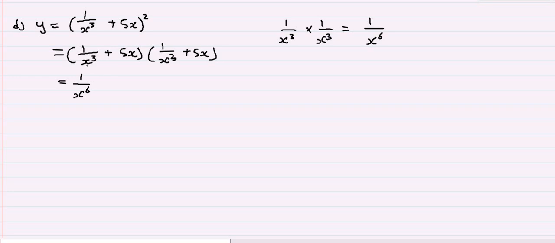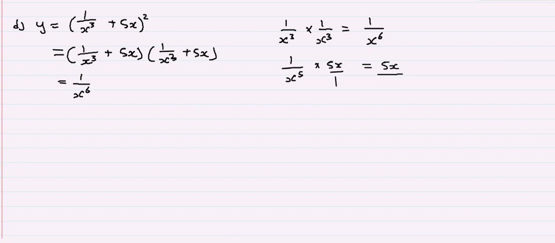Then 1/x³ multiplied by 5x. We know that 5x is the same as 5x divided by 1. So it's numerator multiplied by numerator, which is 1 multiplied by 5x, it's 5x divided by, I'm writing 5 here, supposed to be cubed, x³ multiplied by 1, it's x³.